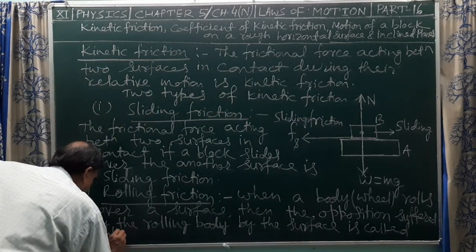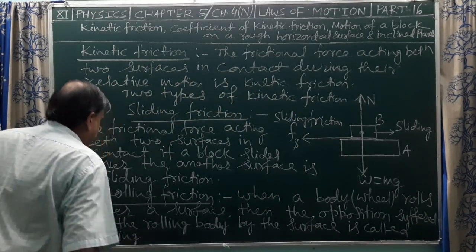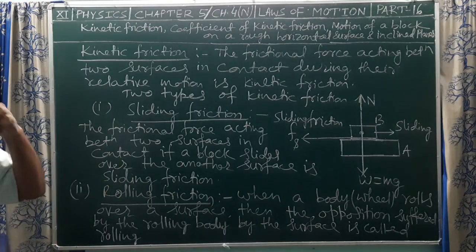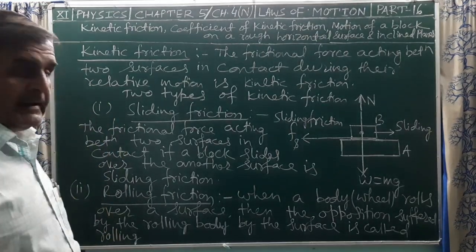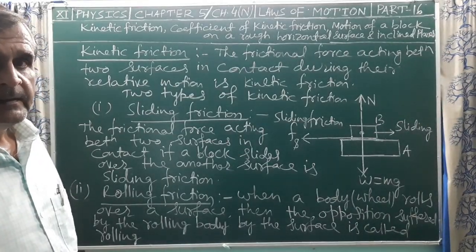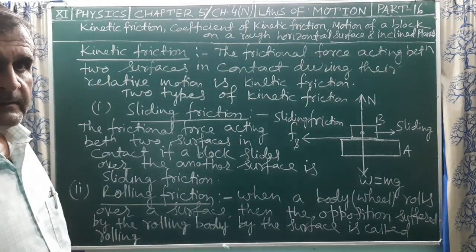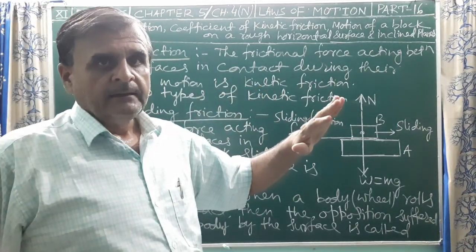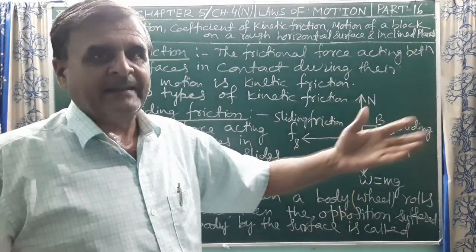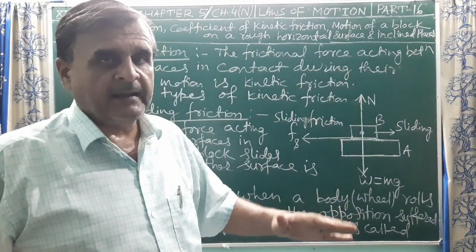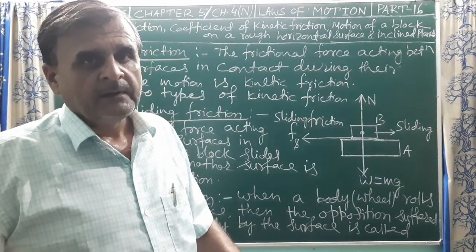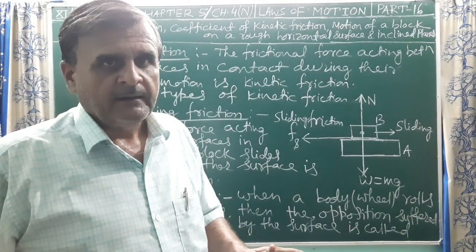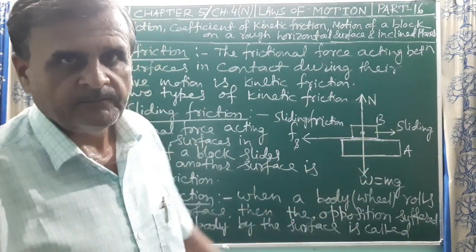Rolling friction is smaller than the sliding friction. It is easier to roll a body instead of pushing or pulling it. किसी बॉडी को रोल कराकर मूव करना ज़्यादा आसान है, more easier, instead of pulling or pushing that body.